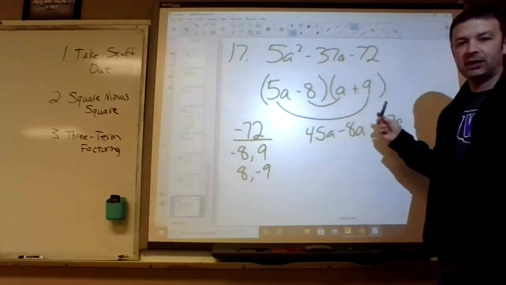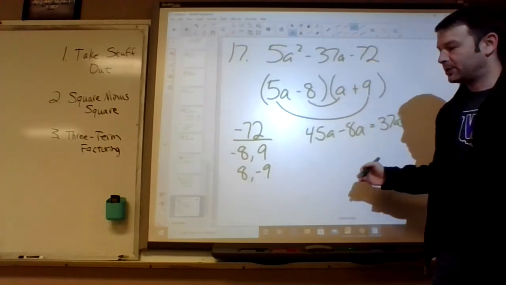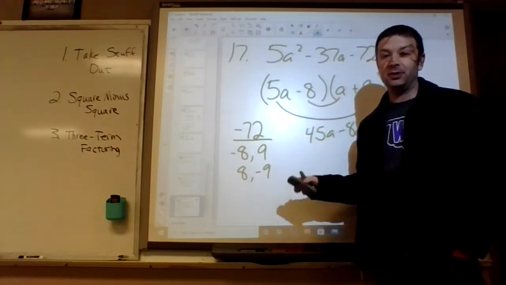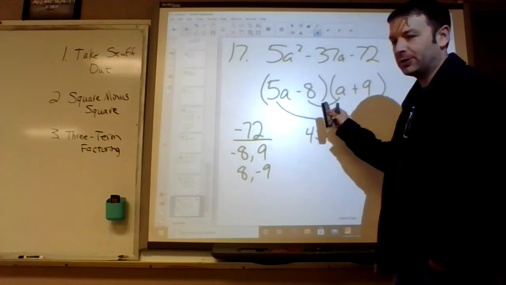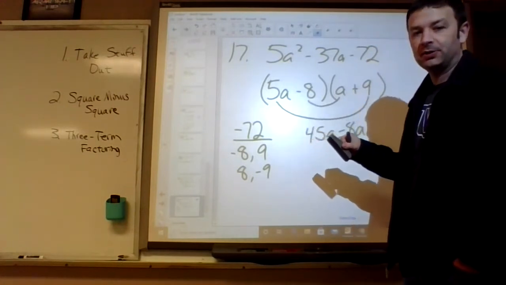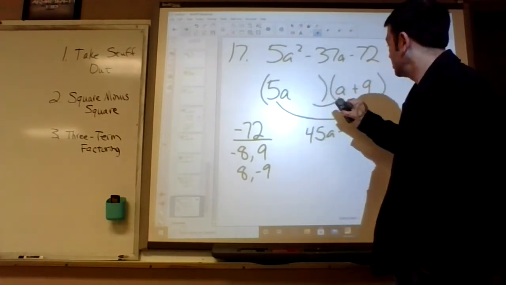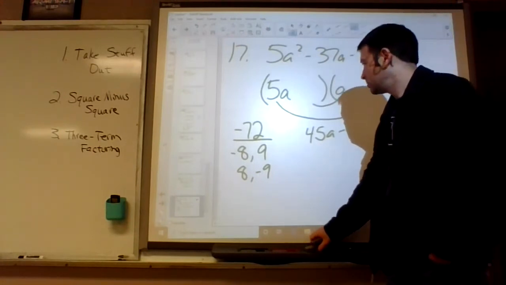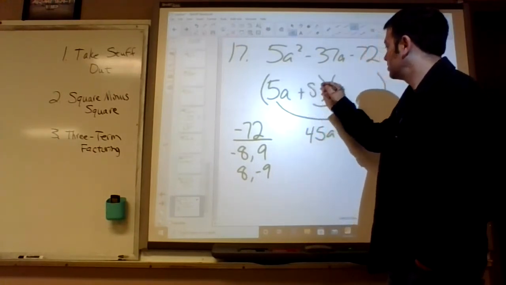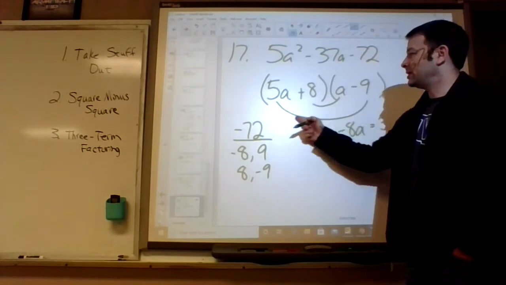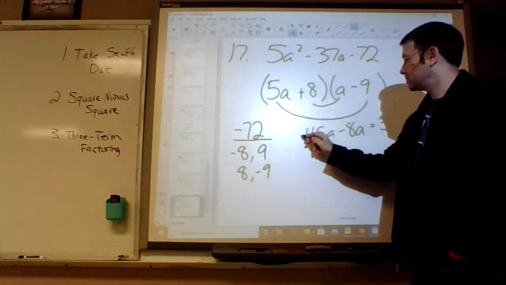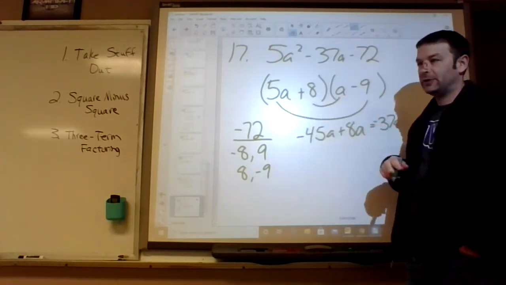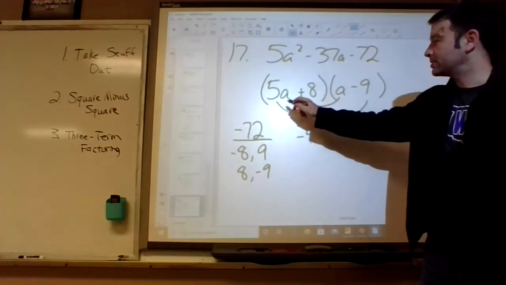It was supposed to be negative, not positive. So I guessed well. If you guess well, then you get it on the first try. But really I need to switch my plus and minus around since they're opposite. So now it's minus 45 plus 8, which is negative 37. Okay, anyway, this is the right answer.